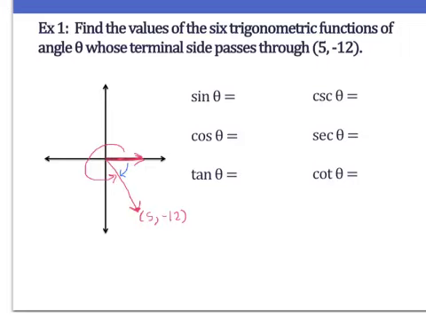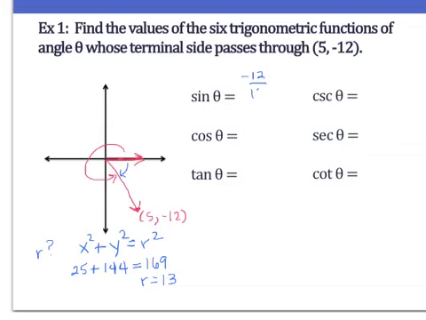So if we go with our ratios, sine is y over r, so y is -12, but I don't know what r is. Well, we're still going to use the Pythagorean theorem with x squared plus y squared equals r squared. And when we make our substitutions, that means r squared is 169, which means r is 13.